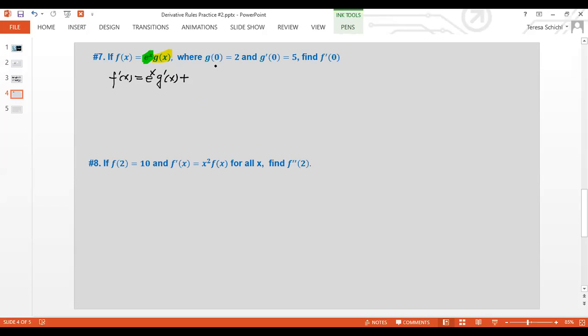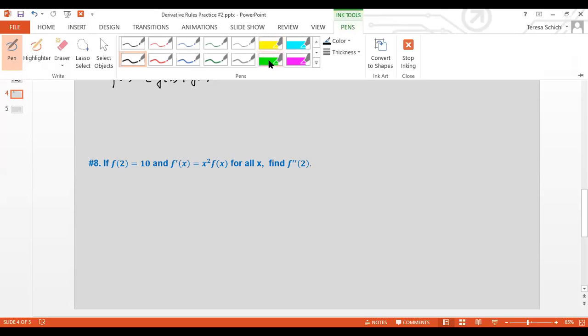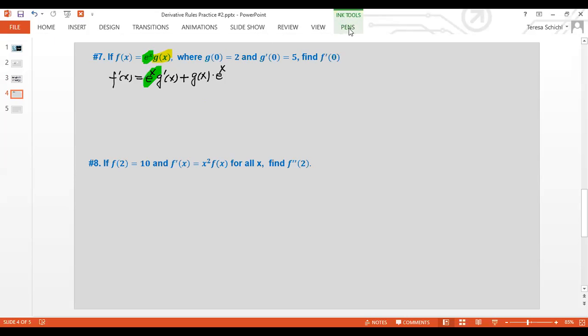Then hold the second function, so hold the g(x), and then take the derivative of my first function, which is the e^x itself here. So this is holding here, and this is holding here, right? Now I want to find f prime 0, so that means x equals 0, right?